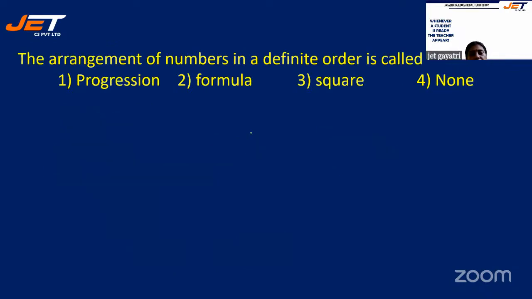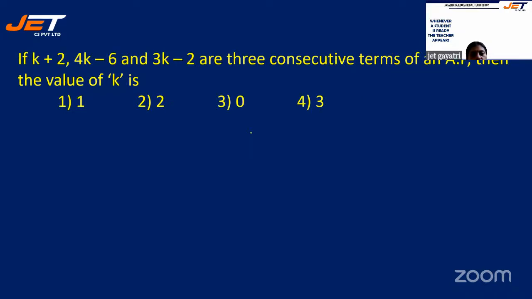The arrangement of numbers in a definite order is called dash. Is it progression? Is it formula? Is it square? Or is it none? So it is progression. What do you mean by definite order? Here we are saying T2 minus T1 is equal to T3 minus T2. So it is in proper order. Isn't it?